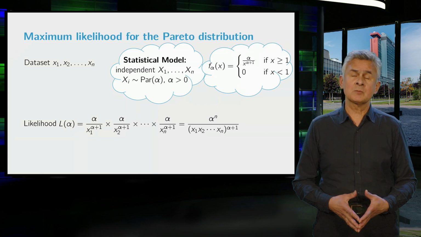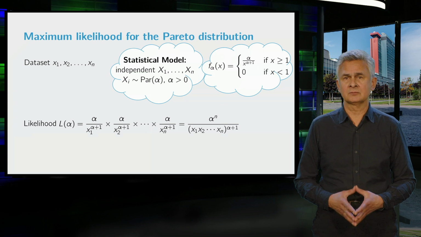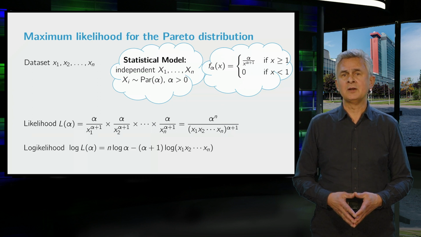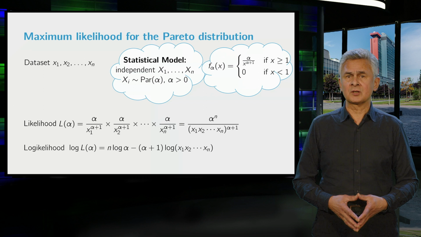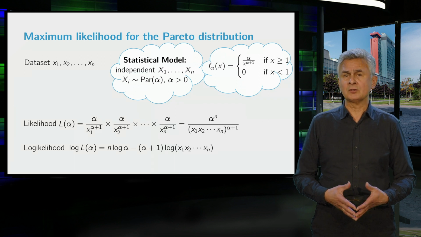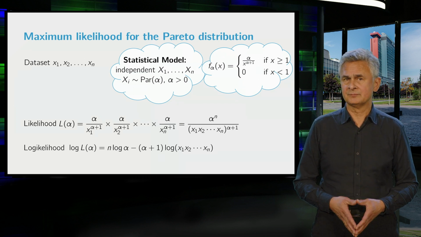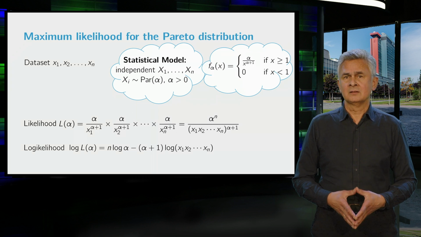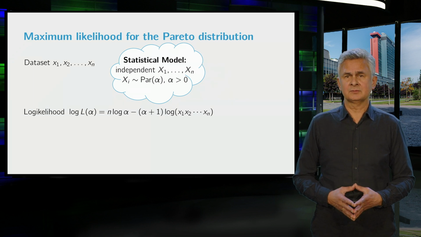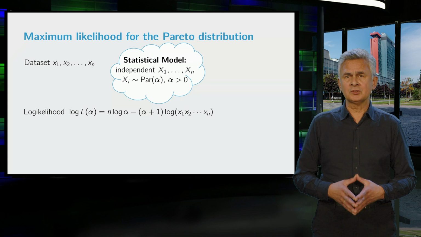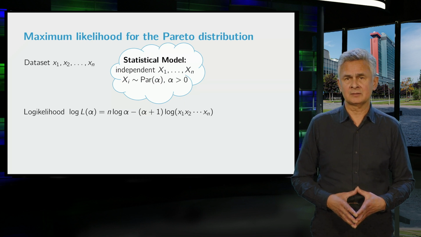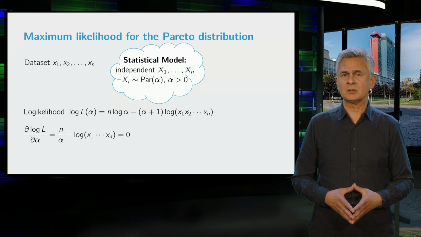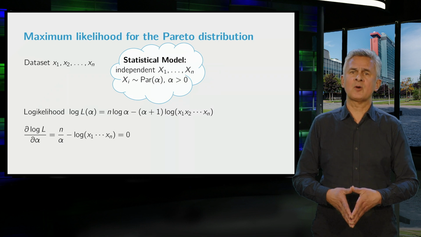To determine the maximum, we first determine the log likelihood. And note that all the x's are greater than 1, so taking the log does not give any problems. Let us continue with the log likelihood. Now computing the derivative with respect to alpha and setting this equal to 0 gives the following equation.